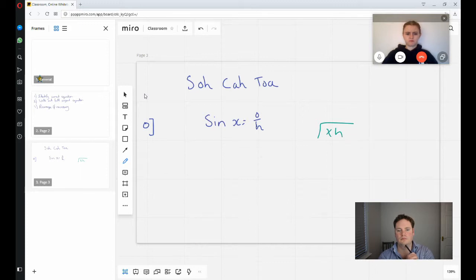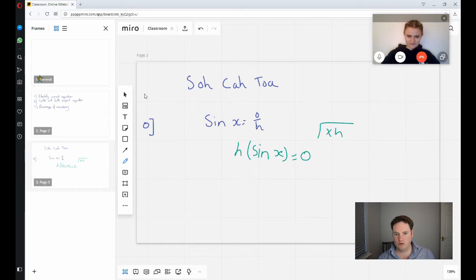I might be overcomplicating things here, but it's kind of a good point. Anyway, that's mathematically the correct answer.